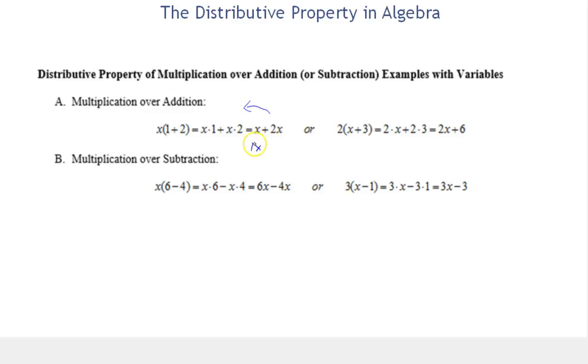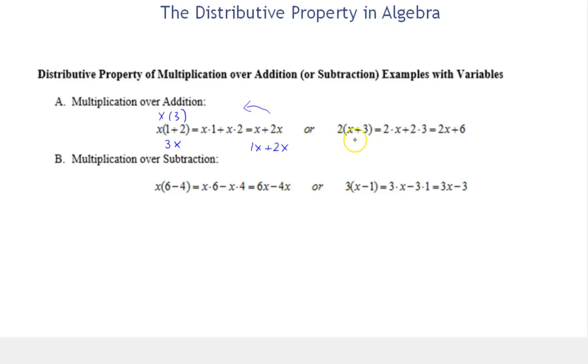We don't write the coefficient of 1, but remember it's implied. If we want to add 1x plus 2x together, we now know that this is the same as x times 3, or 3x. So basically, to add what we're going to call like terms in just a minute, you add the coefficients.